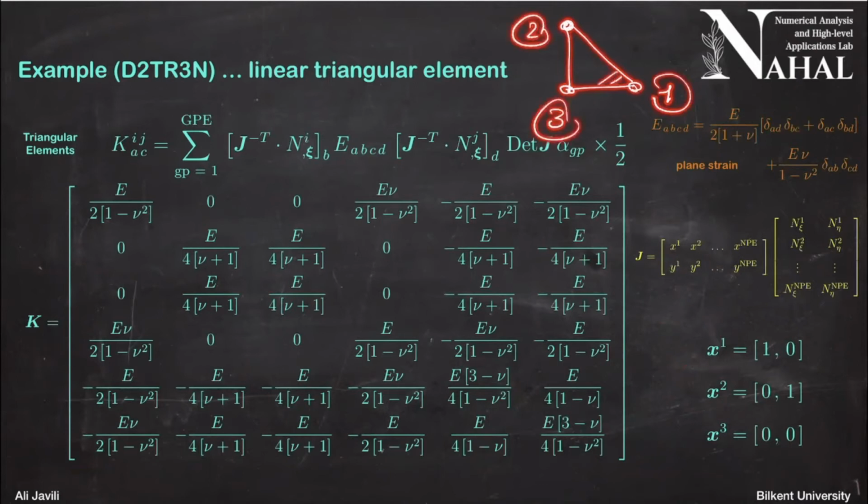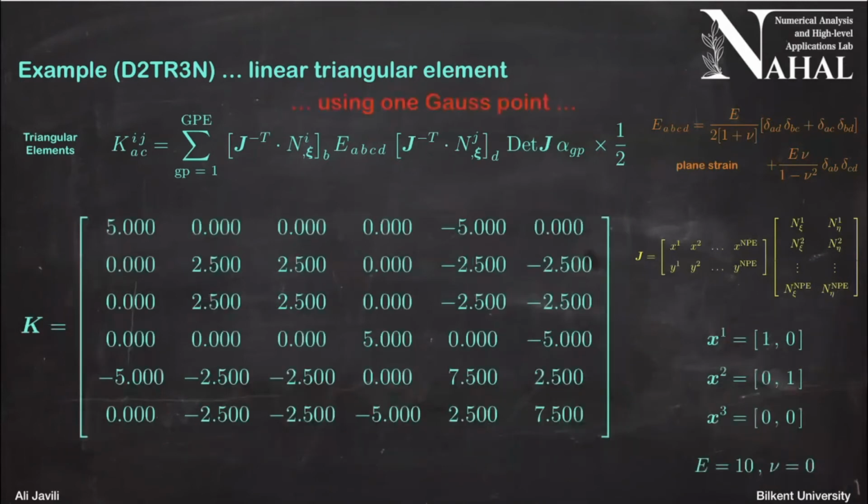If you think of the stiffness of this triangle, this is what you get. Again, this is something that you need to actually calculate yourself, but this is a good example for you to test your calculations. And if you have particular material parameters for E and nu, you can replace those in these components and calculate the individual components of the stiffness.